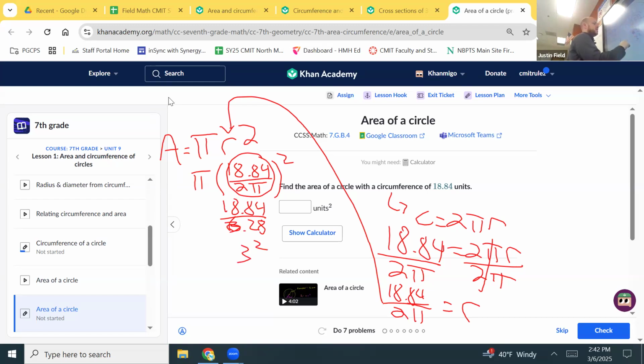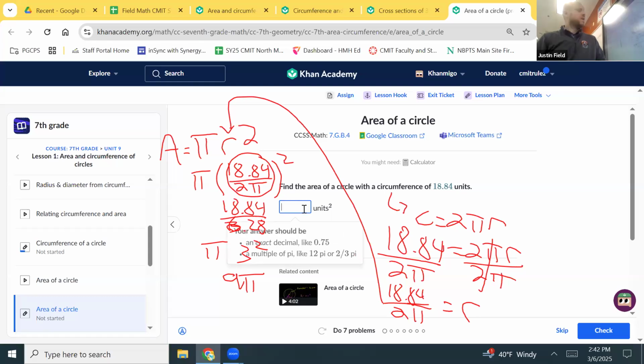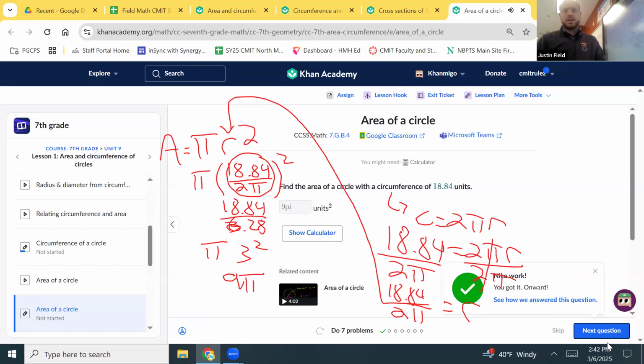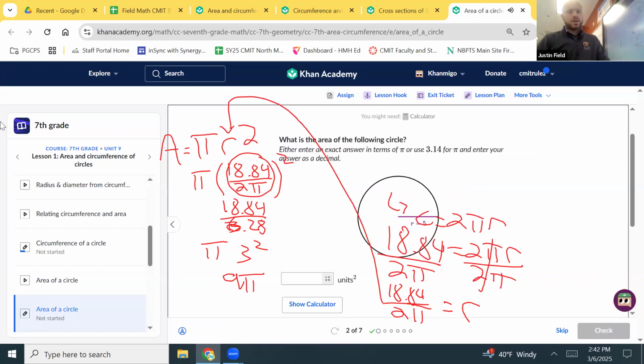So it's 3 squared times pi, which is 9 pi. Okay, so I used 3.14, and I got 9 pi. That's right. Amazing. Let's do another one.